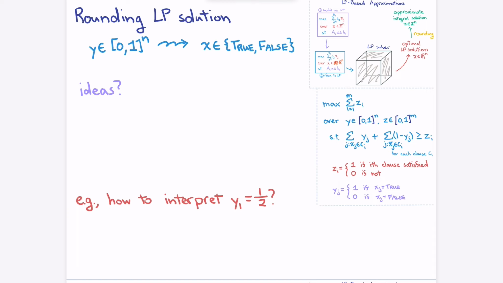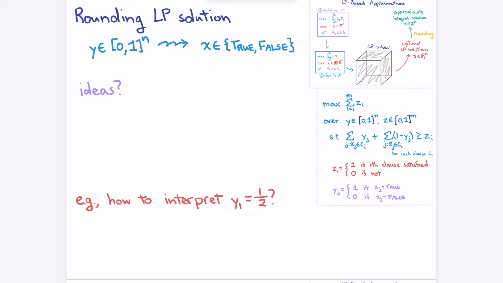Can you interpret it as saying that this variable doesn't matter as much? Well, it's a free country, but it's not clear. So the LP is just trying to optimize something, and it's just finding some balance point by setting it to be 1/2.